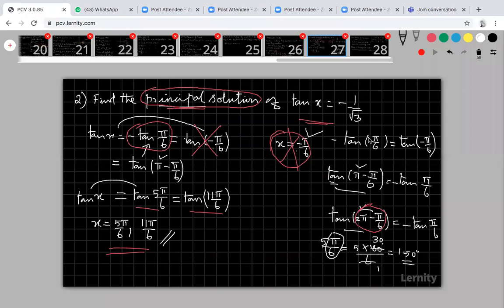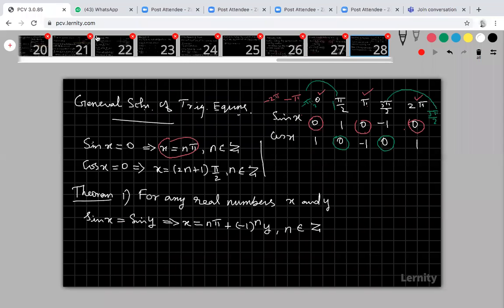One student in Blossoms is asking: can we find tan of 2 tan 90?